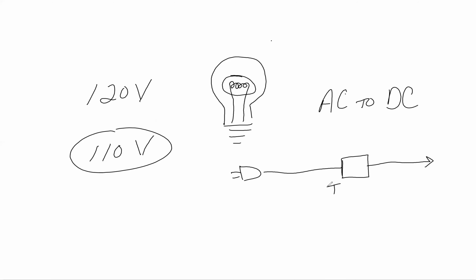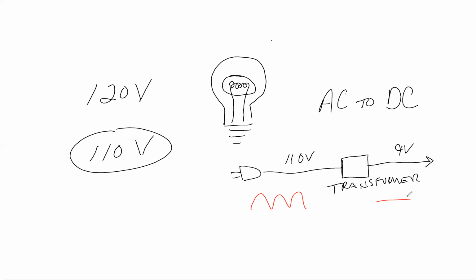This box is a transformer. Transformers change voltage. We don't want 110 volts going into our battery that might be 9 volts, so this transformer steps it down to 9 volts before it goes to the computer. But how are we changing this AC, which has a pattern like this, into a DC that has that?